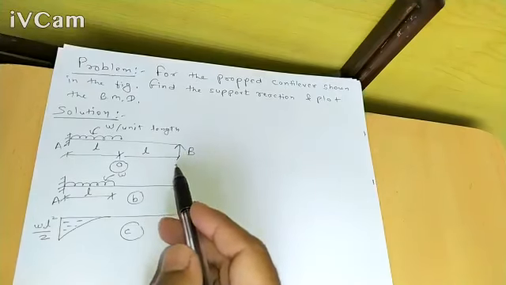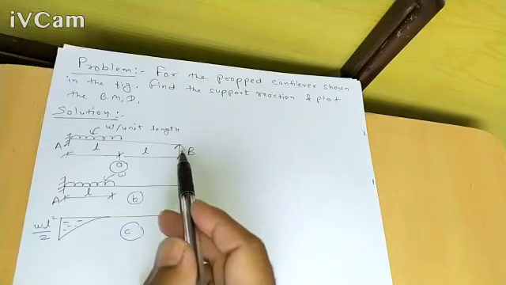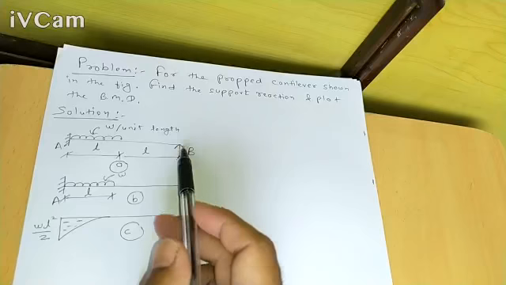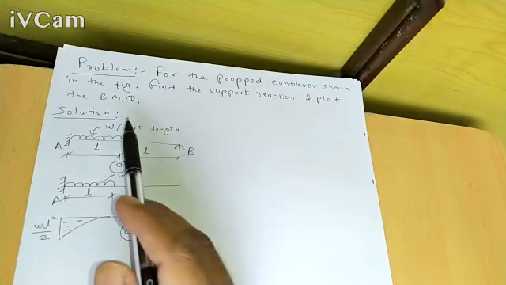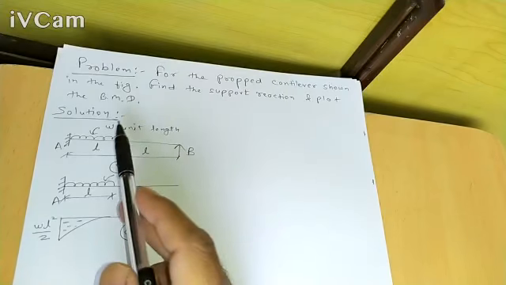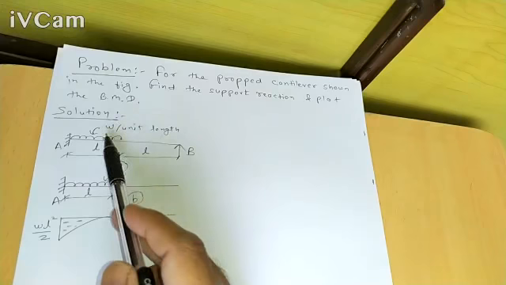Now let us consider that there is the support and no external loading or UDL. So the next diagram would be with RB here, and no external load. The total length is L plus L, so this would be 2L.